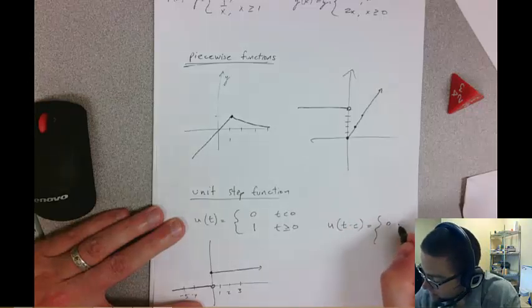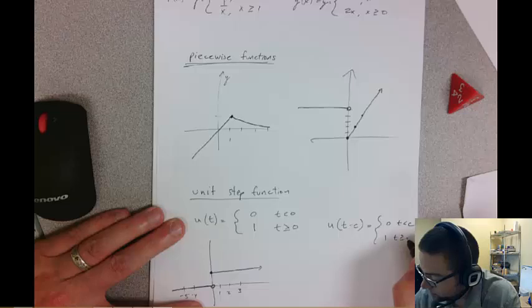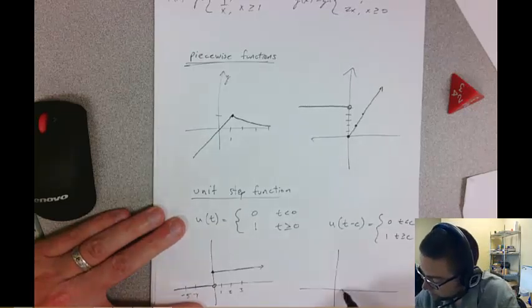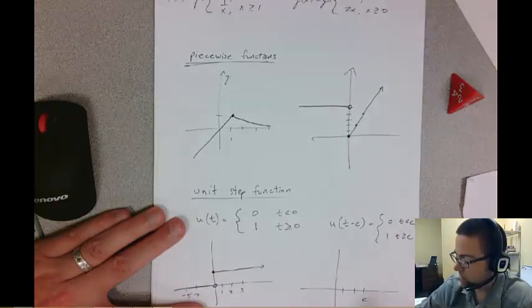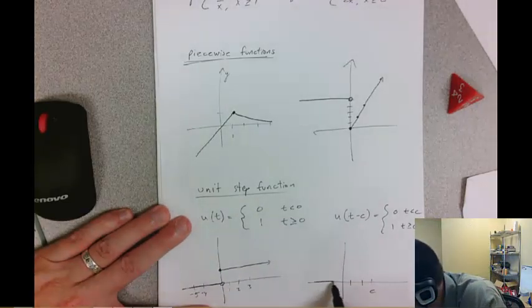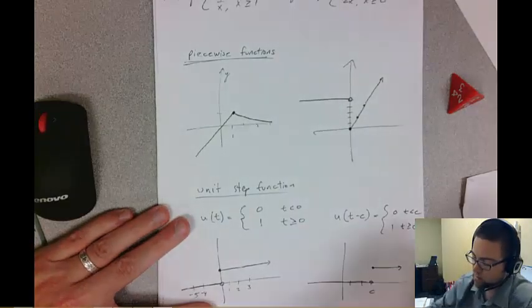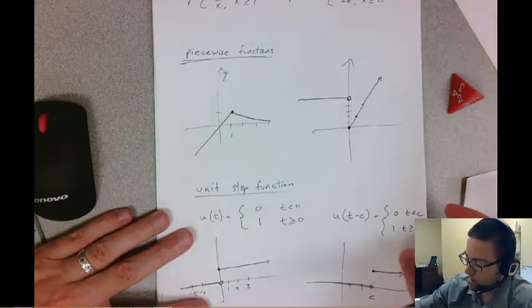So this would be 0 when t is less than c, and this would be 1 when t is greater than or equal to c. It looks like this. When we finally get to that number c, whatever it is, then it turns on. So it's off, and then all of a sudden it's on. That's an example of using the unit step function.